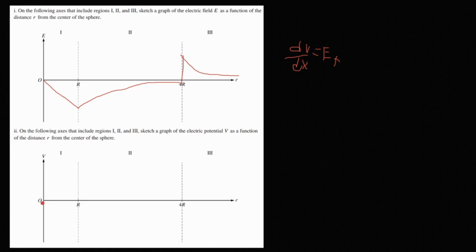And so this is a linear function, and so when you integrate a linear function, you get a quadratic.